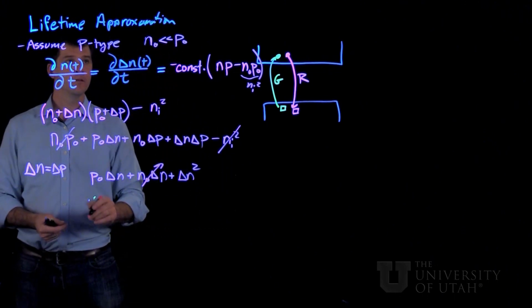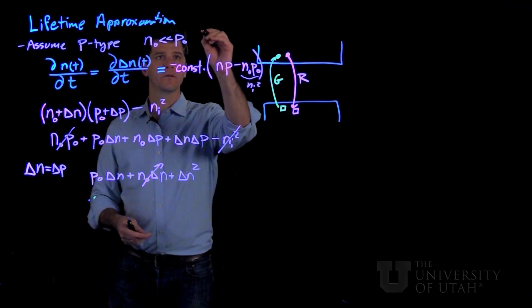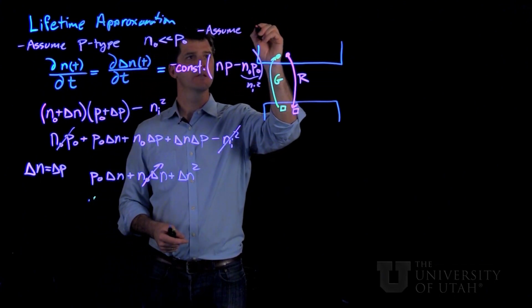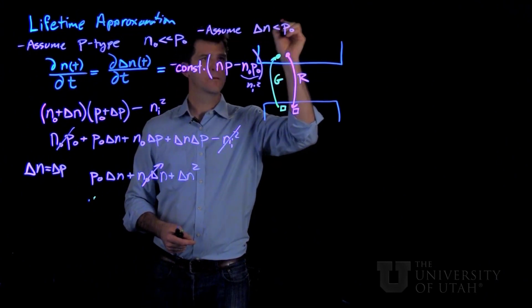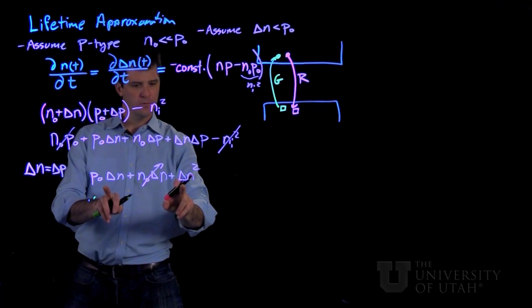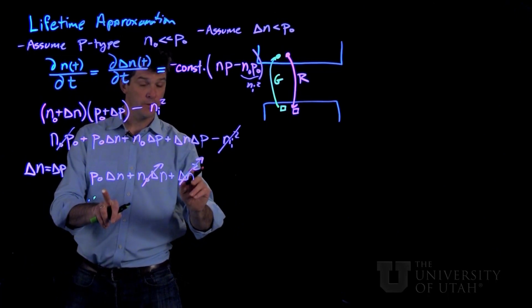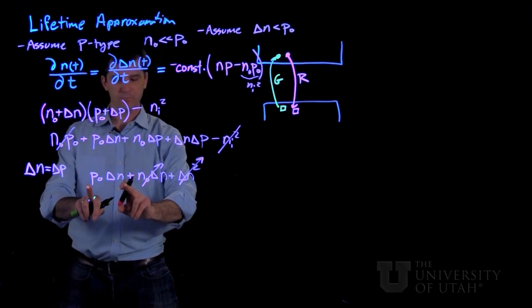And then if we make another assumption that we're in low injection, we can also neglect this term, delta n squared, with respect to this term.